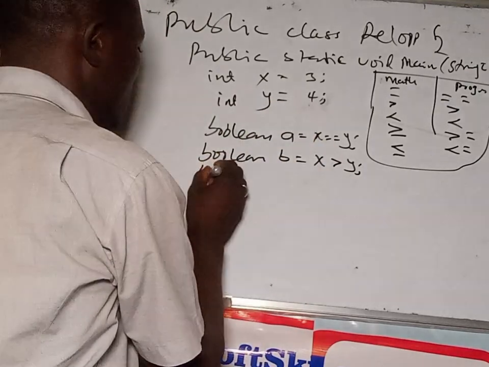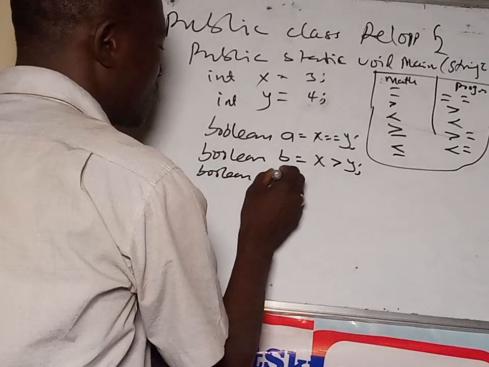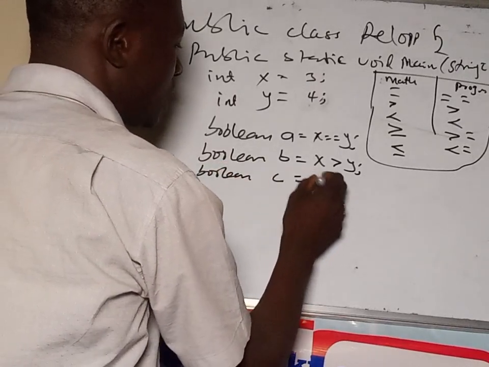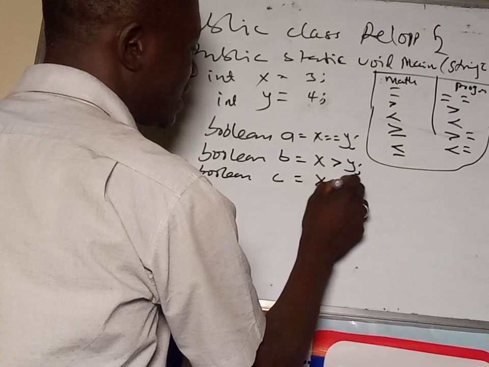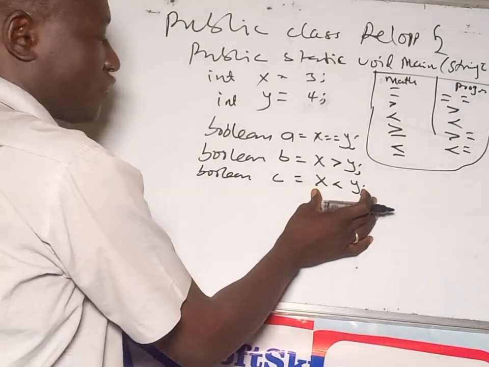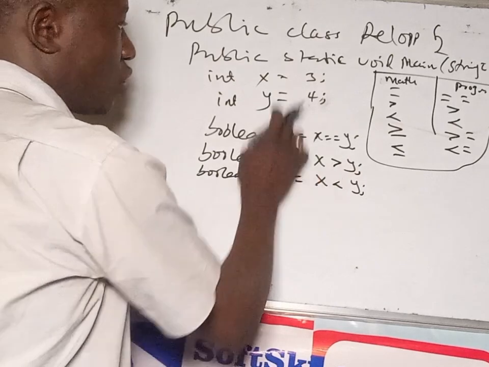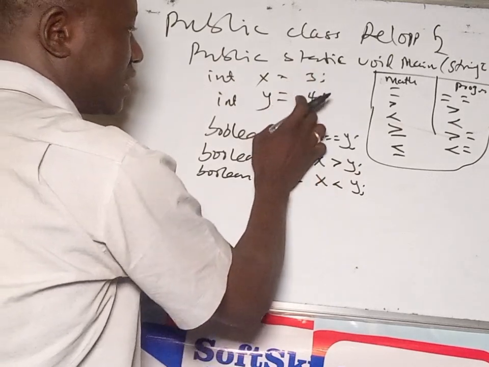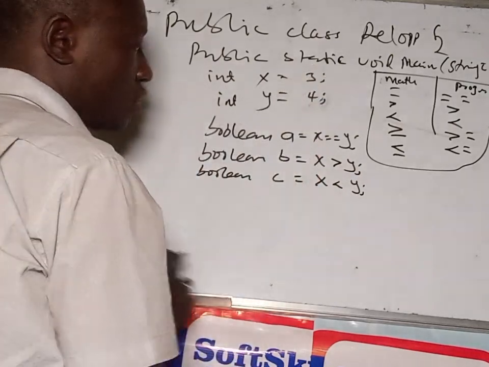Definitely this is going to be false, because x is less than y. We have another one, boolean c is equal to x less than y. Certainly this is going to return true, because 3 is less than 4, right?